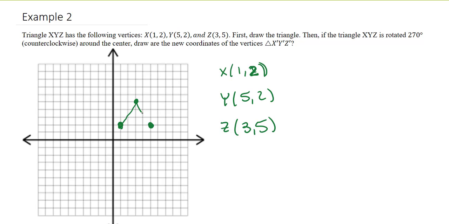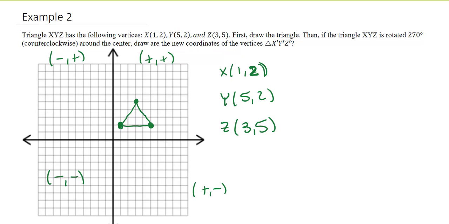Notice it's the same triangle as the last video, but we're going to do something different by rotating it 270 degrees. Notice it's all in quadrant 1. Let's go over the quadrants in terms of what values they hold. Quadrant 4 is positive, negative.